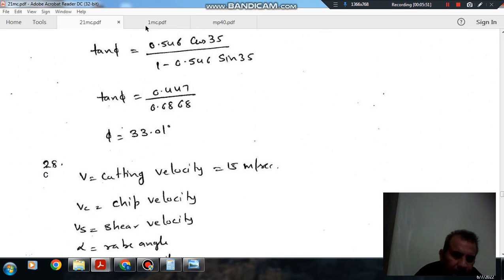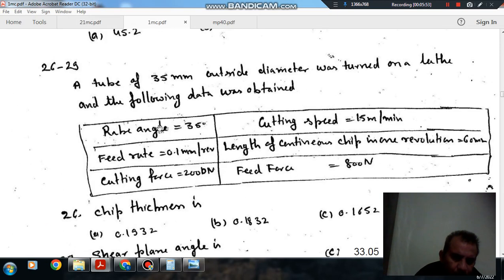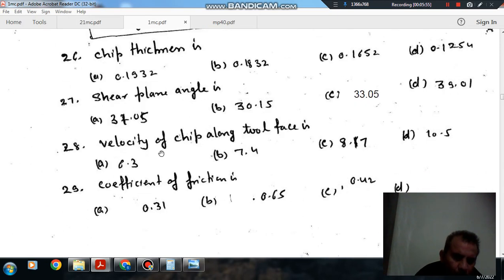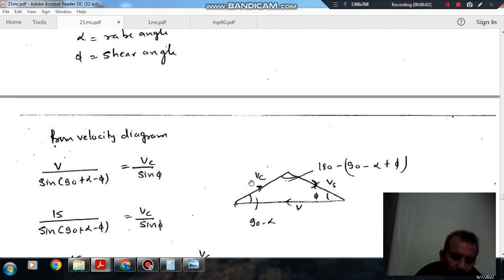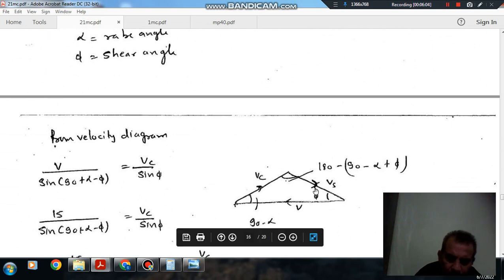And next is the velocity of chip along the tool face. That can be found by the velocity diagram. That is V, this is VS, and VC.